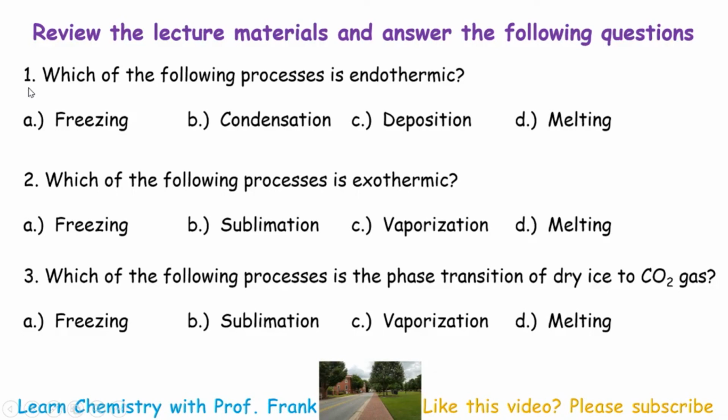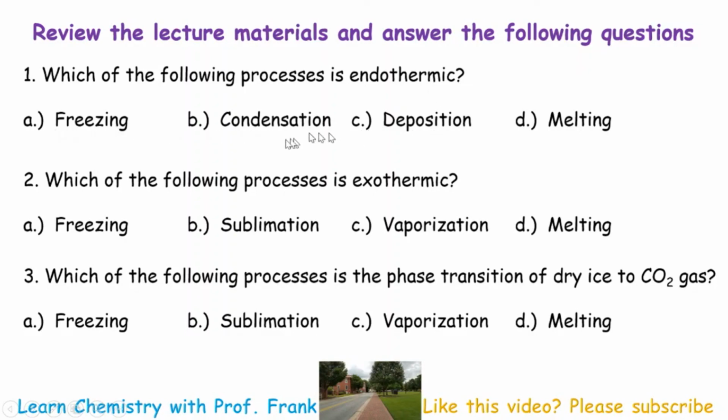Now, quiz number 1. Which of the following processes is endothermic? We just talked about what an endothermic process is. During the endothermic process, energy is added to the system, or heat is added to the system.